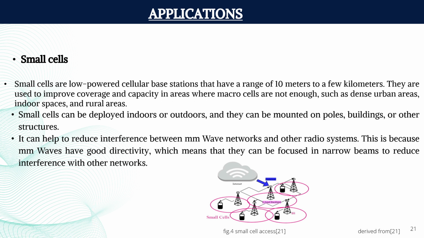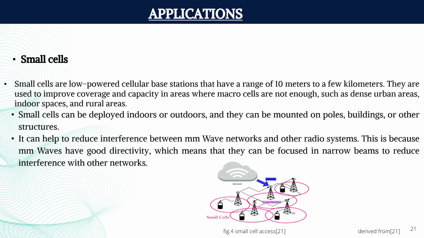And moving to applications. The first one is small cells deployment. Small cells are low powered cellular base stations that have ranges of 10 meters to a few kilometers. They are used to improve coverage and capacity in areas where macro cells are not enough, such as dense urban areas, indoor spaces, and rural areas.